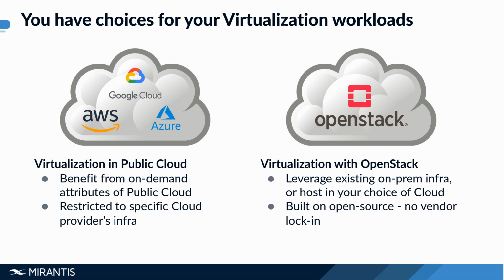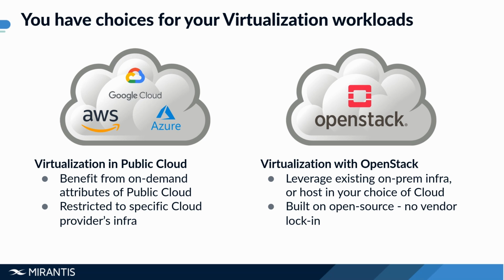One option is to move your virtualization workloads into the public cloud, to the likes of Amazon AWS, Google Cloud, or Microsoft Azure. This gives you the benefit of on-demand services and scalability and resiliency offered by public cloud providers.